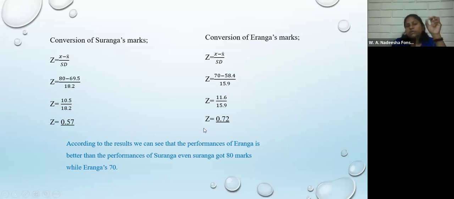That is why we say that if we take decisions by looking at the raw marks, that may be wrong. Therefore, we have to go for standard scores. That is why we give district ranks at the scholarship examination and also the A-level examination, in order to get rid of such unfair incidents.